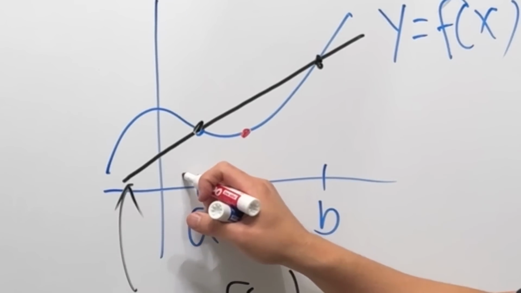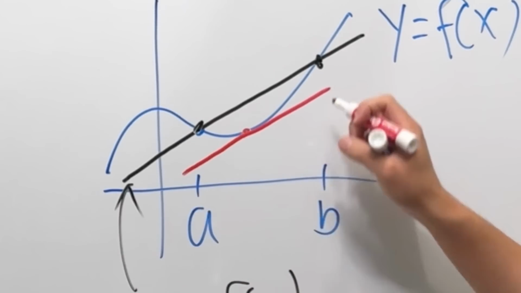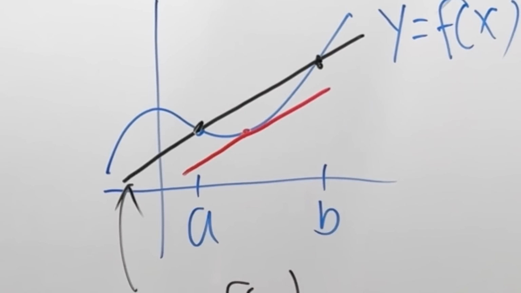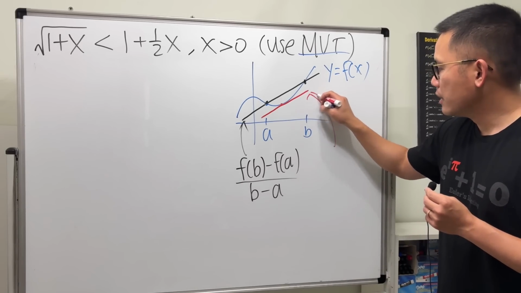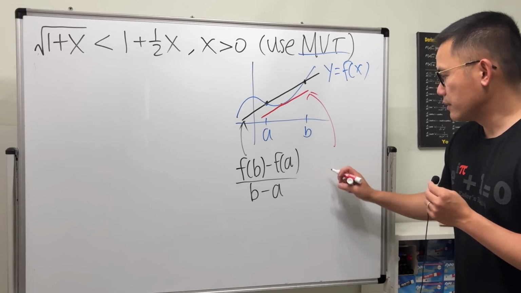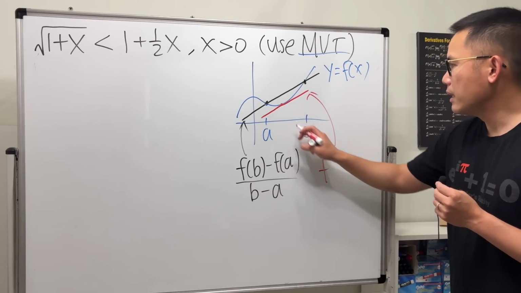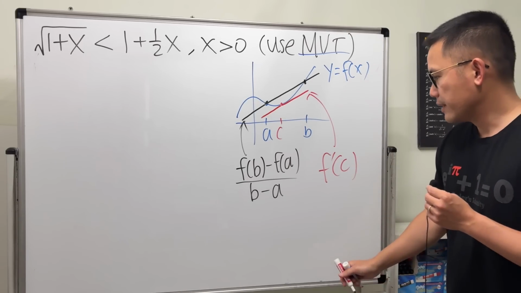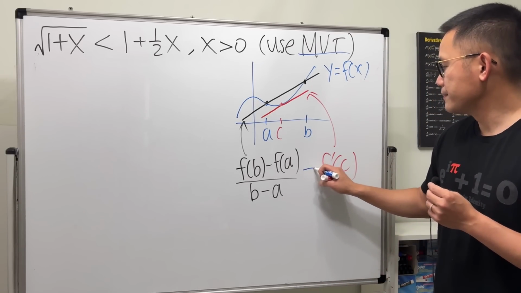And if you draw the tangent line here, you will see this tangent line and that secant line will be parallel. And the slope right here is precisely the derivative, which is denoted by f prime, and we call this value here c, like this. So this is the mean value theorem.